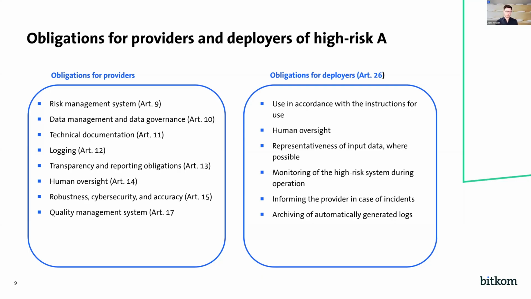So there again, this matter of using unbiased, fair data comes into play. Then there's an obligation to monitor high-risk systems during operation, then inform the providers in case of incidents, and also archive automatically generated logs. Particularly also relevant for any sort of serious incidents that might happen.